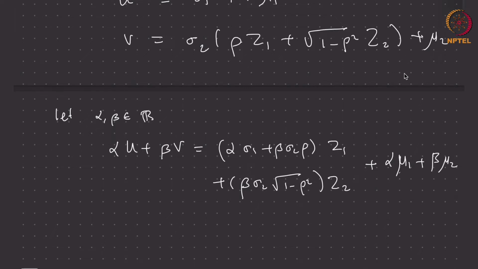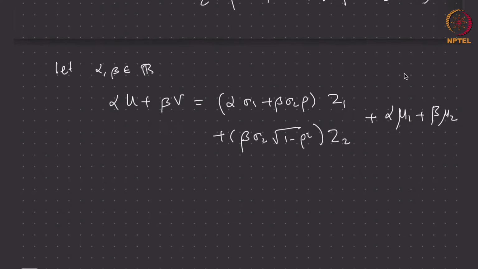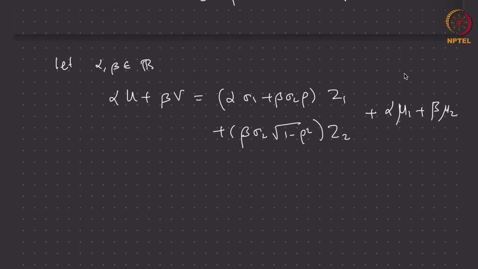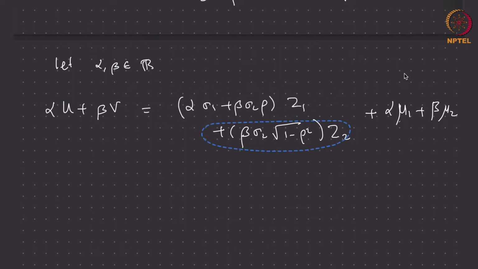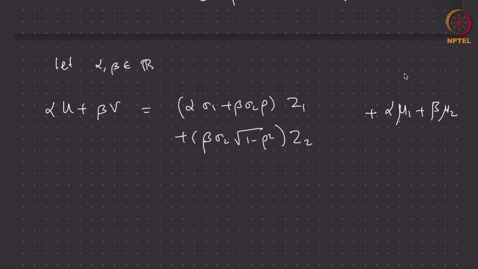This is what alpha U plus beta V looks like. So alpha U plus beta V looks like this term times Z1, plus this term times Z2, plus this constant term.